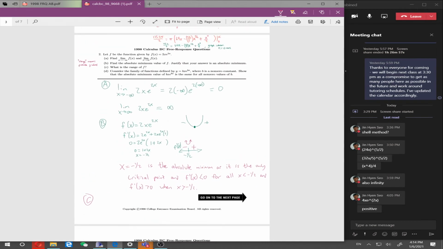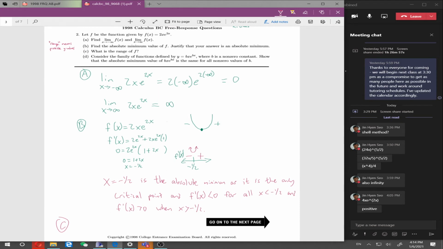I think Jin was typing and then stopped. So, Kyle, how can I find the range? We know our smallest possible y value from part B. The absolute minimum y value happens when x is negative 1/2.